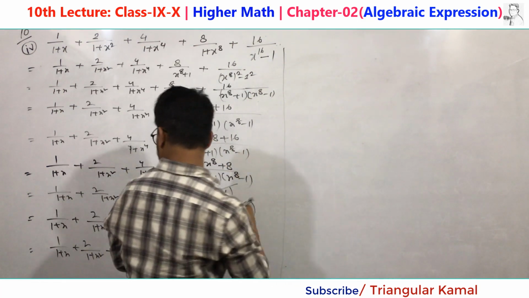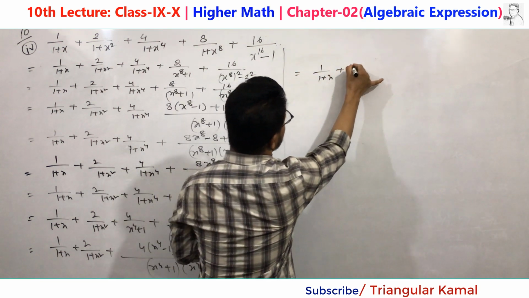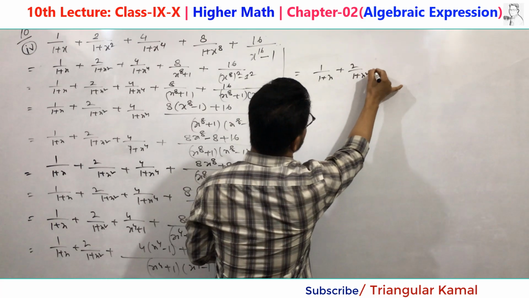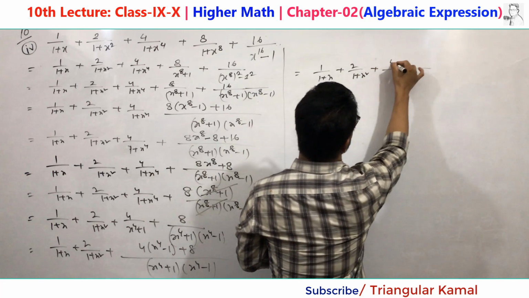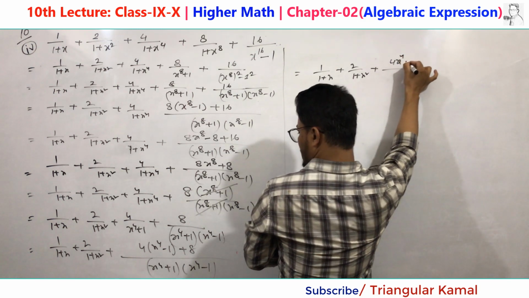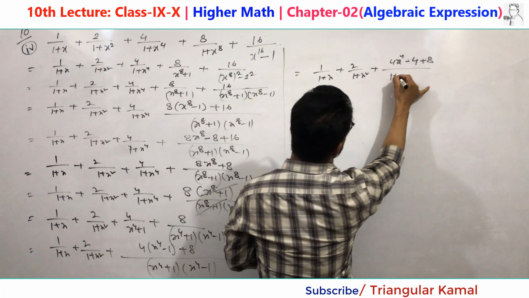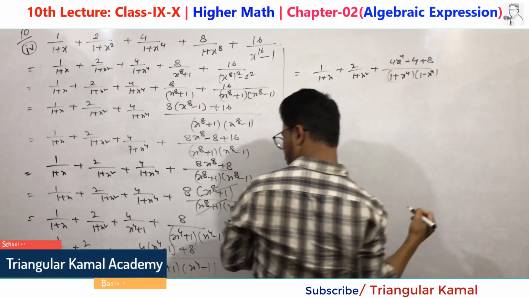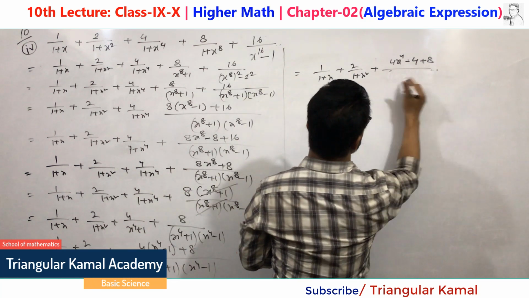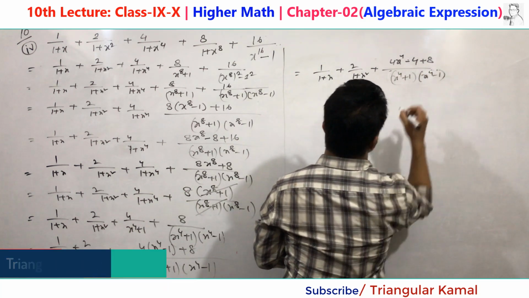You will get here 1 by 1 plus x plus 2 by 1 plus x square plus there will be 4x to the power 4 minus 4 plus 8, divided by x to the power 4 plus 1 into x to the power 4 minus 1.